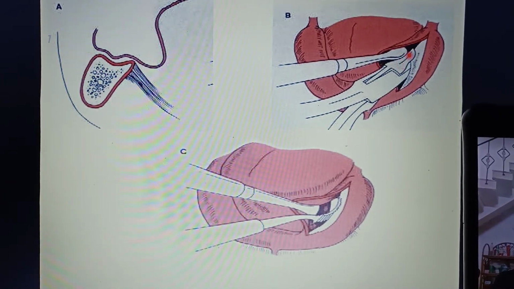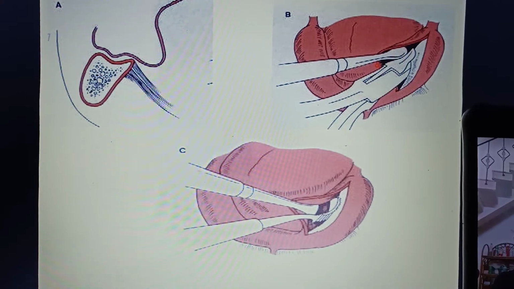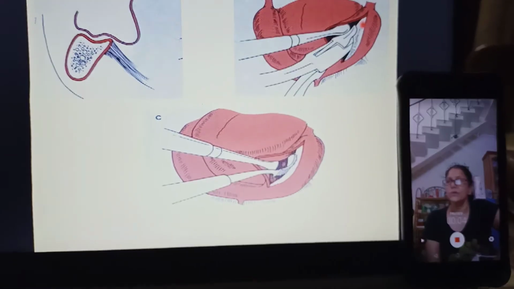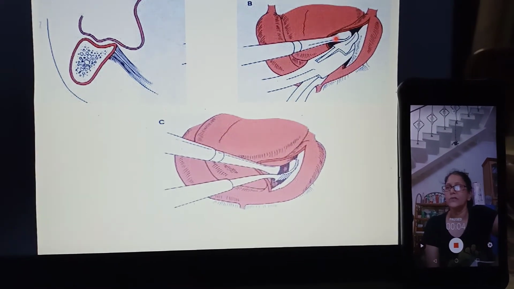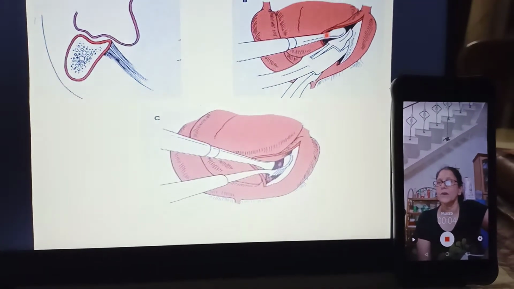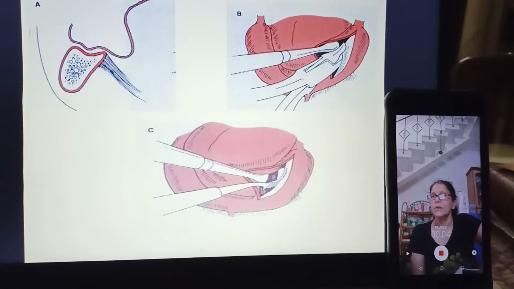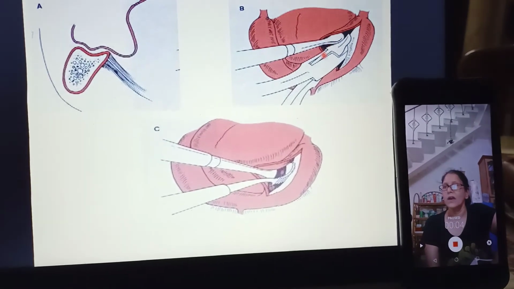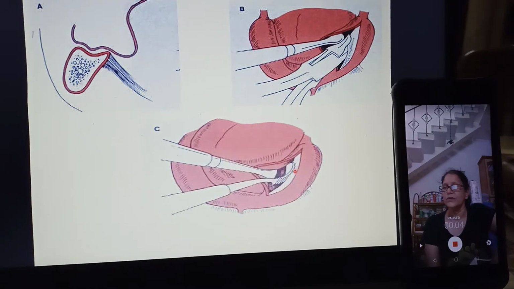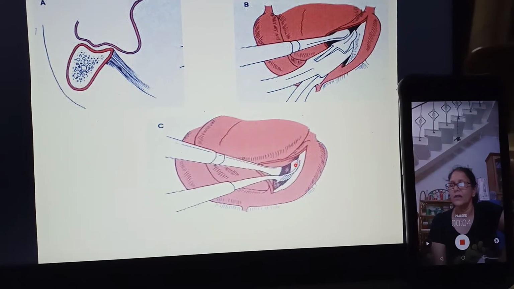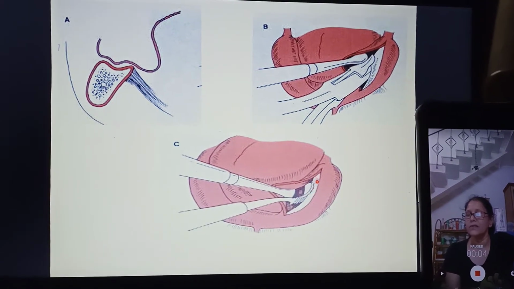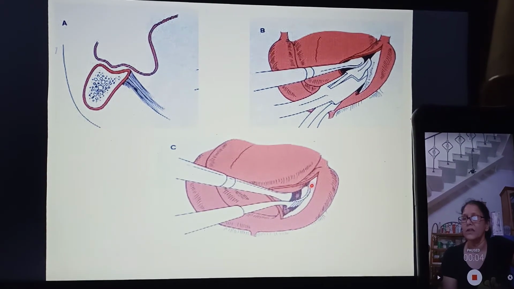After the mylohyoid muscle has been reflected away, the bone rongeur has been used, and this instrument is used to keep this flap away from the bone, because this flap is containing important vital structures. And once that is done, you can use a bone file. That is a bone file which is moving on the medial surface on the mylohyoid ridge, and it smoothens it off.